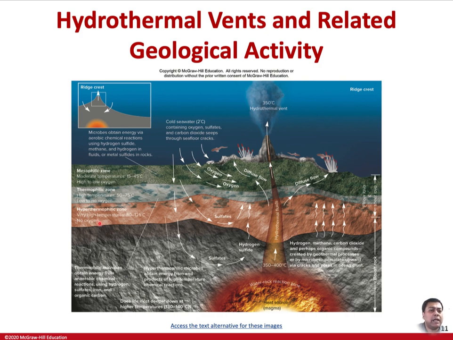Then we are going into a zone which we call the thermophilic zone, high temperature, about 50 to 75 degrees Celsius, and low to almost no oxygen. The thermophilic microbes obtain their energy from anaerobic chemical reactions using hydrogen, sulfates, iron, organic carbon.